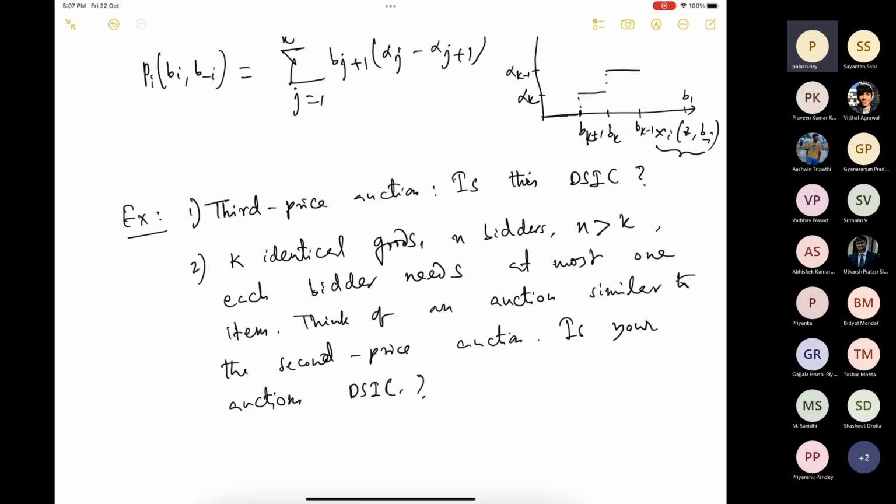Then I finished yesterday's lecture with two exercise problems. The first problem is the third price auction. Like, the winner is the highest bidder, but he or she pays the third highest bid. Assume that there are at least 3 bidders. Is this DSIC? Has anyone solved this?